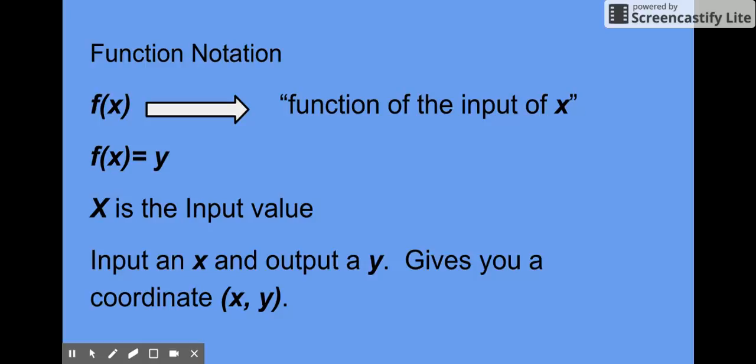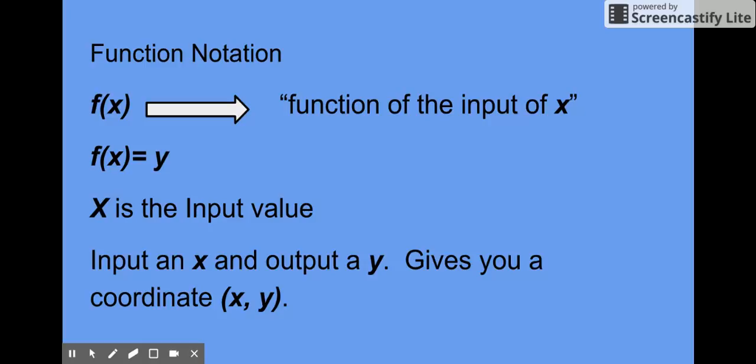It means the function of the input of x. So what happens when you input different values of x into a particular function rule? This f of x is usually followed by an equal sign and then an equation or a math problem.